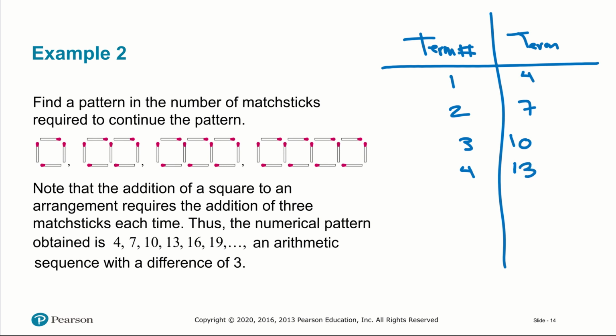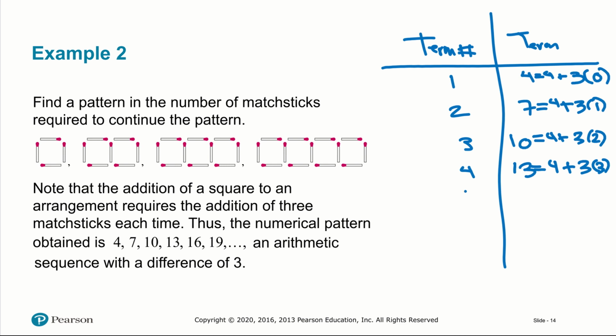So we can do a similar thing we just did on the previous slide with this. Notice this is like saying 4 plus 3 times 1. This is 4 plus 3 times 2. This one is 4 plus 3 times 3. The very first one itself was 4 plus 3 times 0, right?